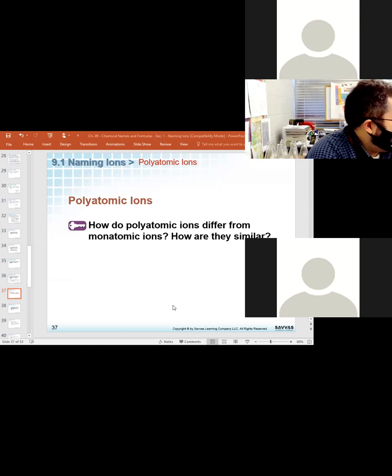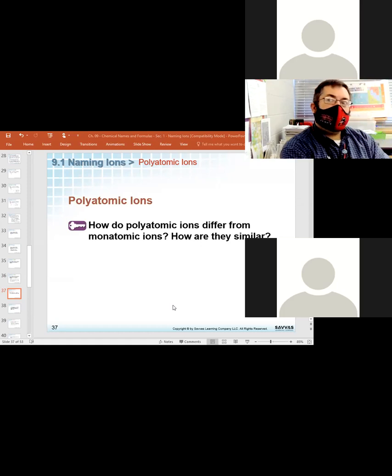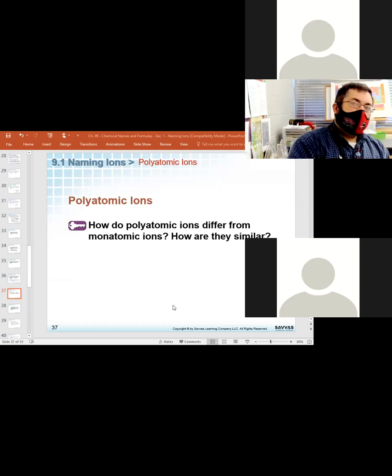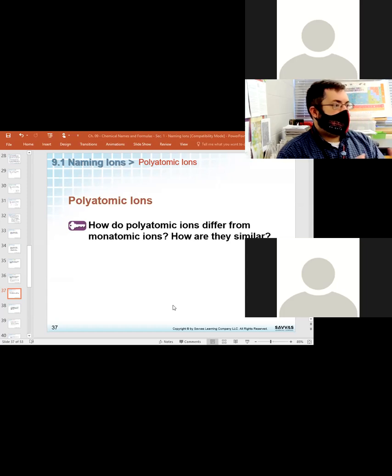When they have shapes? Well, they will have shapes. I mean, the monatomic ions will have shapes like kind of like spheres. But yes, we will have to consider the geometry and the shape of them. And why do we have to consider those things, Gavin? Why might we have to consider the shape of a polyatomic ion?